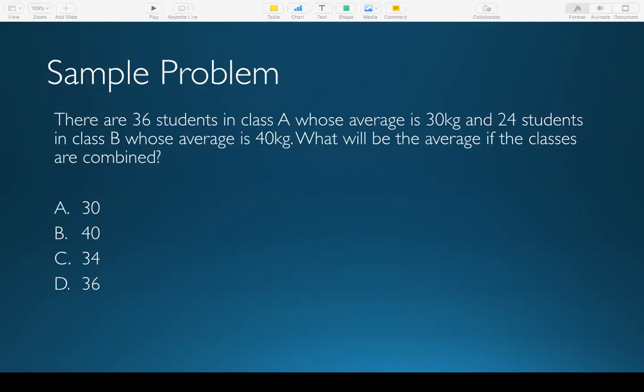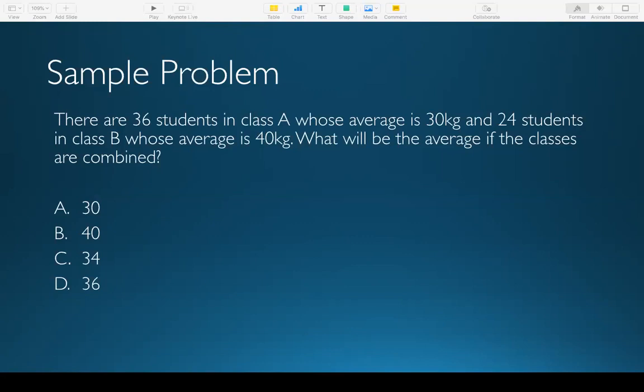Okay. Now coming to option C and option D. Let's say I want to use logic to eliminate between option C and option D. So we'll check the number of students. We know that if there are more students in class A, then the combined average will be closer to class A's average, right? So now tell me, which is closer to 30, 34 or 36? 34 is closer to 30, right?